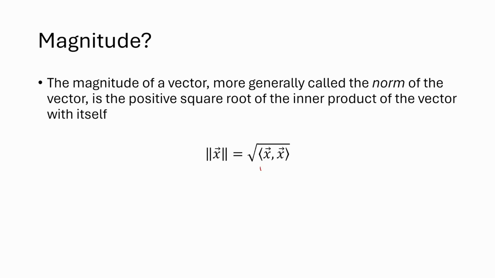The angle brackets here indicate that it is the inner product of x vector with itself. So you take that inner product and then you take the square root of that. This is very analogous to finding the absolute value of a number by squaring that number and then taking its positive square root.